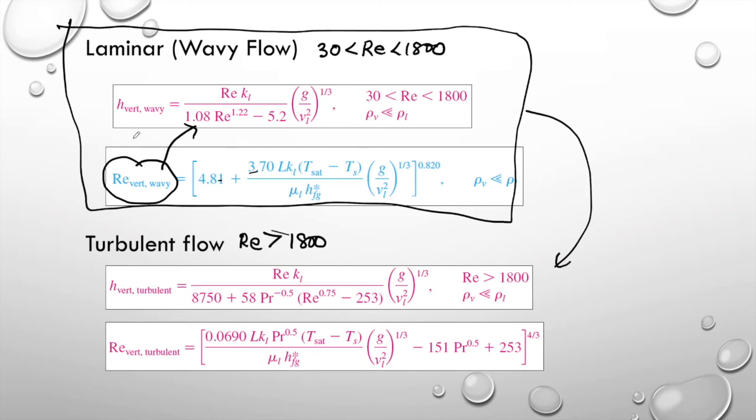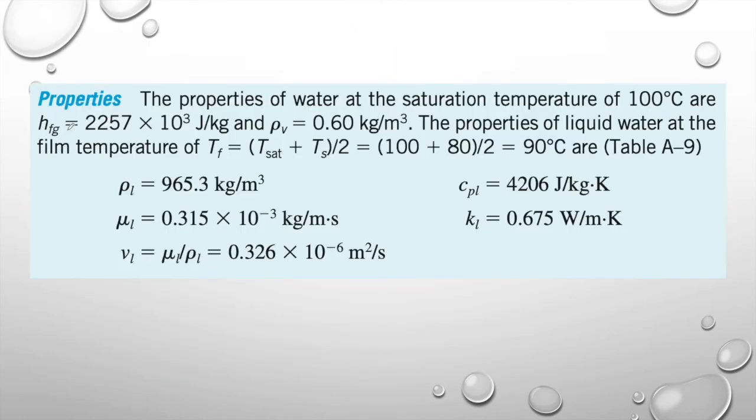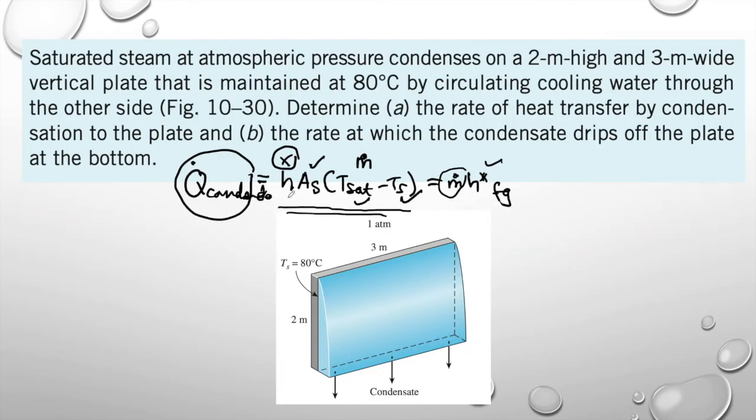Now I have verified that the condensation problem here is in laminar wavy flow from the Reynolds number wavy. So the heat transfer coefficient H is already determined, and we already have all the information here.